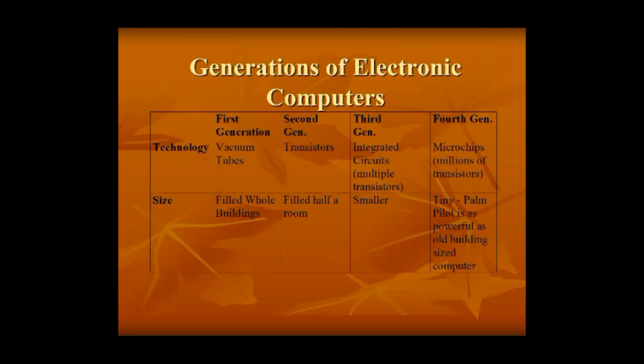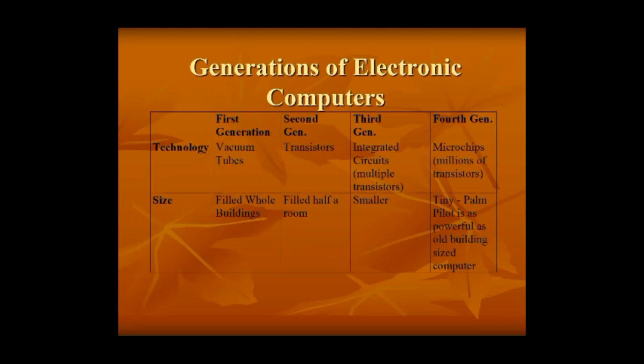For the third generation, we included the integrated circuit or IC, like multiple transistors in the computer, and it is smaller. On the fourth generation, we are using microchips that consist of millions of transistors, wherein it is a tiny Palm Pilot as powerful as the old building size computer.